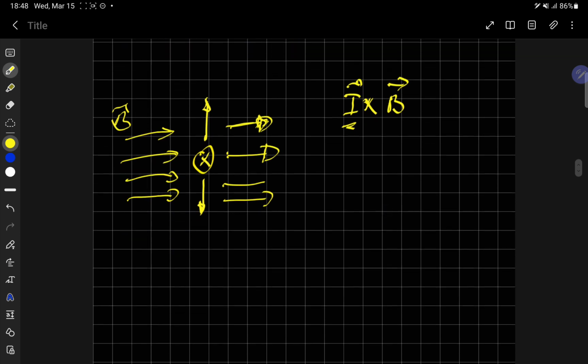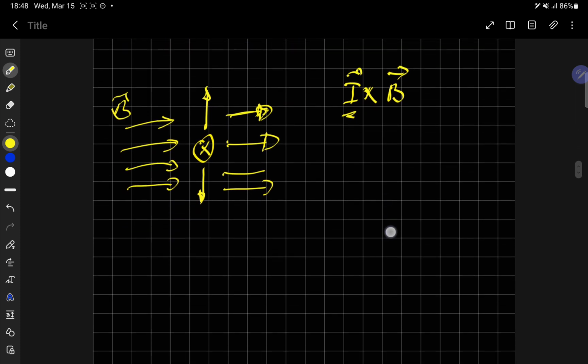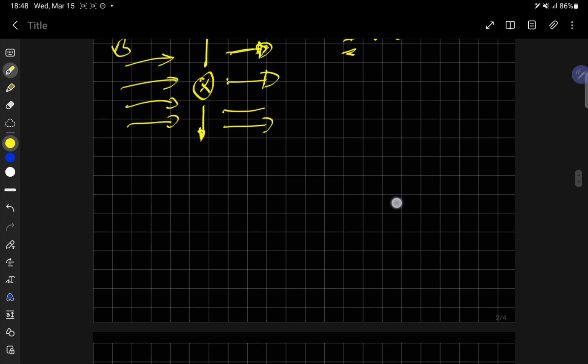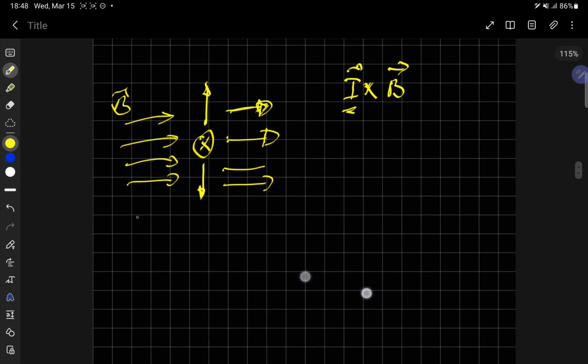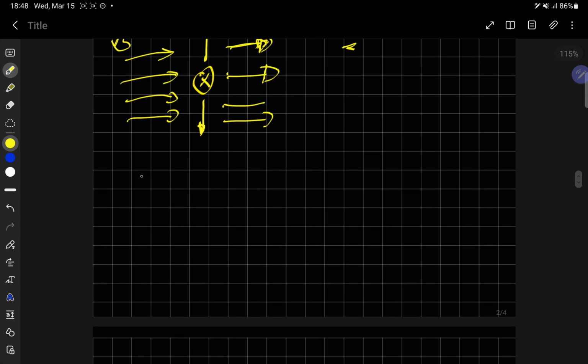This is all experimental fact. Now let's say that we have some charge Q, and that charge has some velocity v, and it's in a magnetic field.